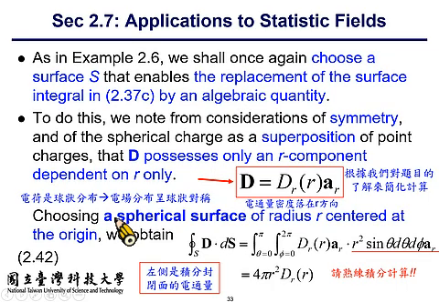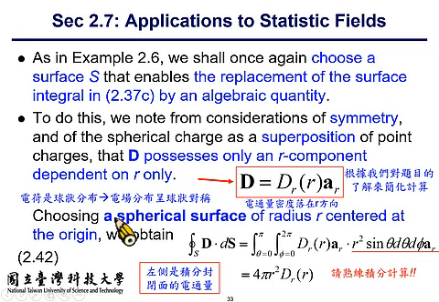This is the differential length along the phi direction, this is the differential length along the theta direction, and this is the normal direction of the surface. Combine the three, and you end up with r squared sine theta d theta d phi a_r.